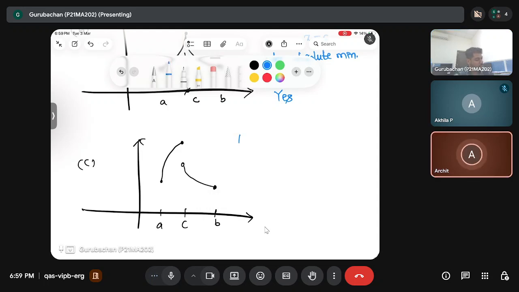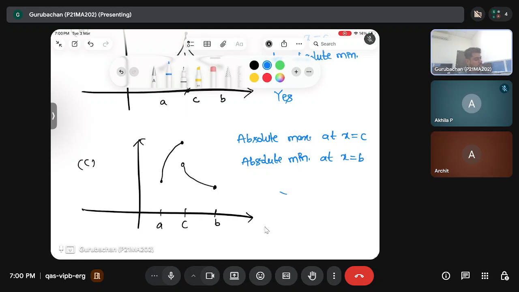Sir, absolute maximum will be at C and minimum will be at point B. Is it consistent with the theorem? Yes, sir. Why? Sir, because if we want to see it in context of the theorem, then we have to see it from A to C. We can only apply it in A to C, and in A to C we have absolute maxima at C and absolute minima at A.